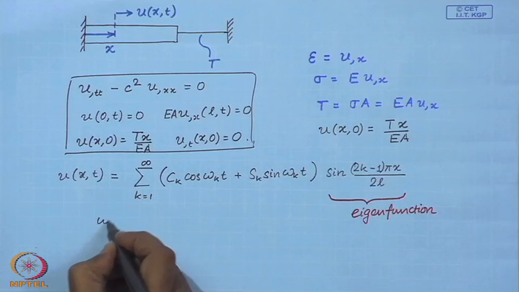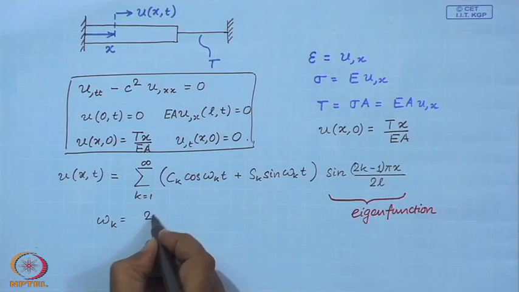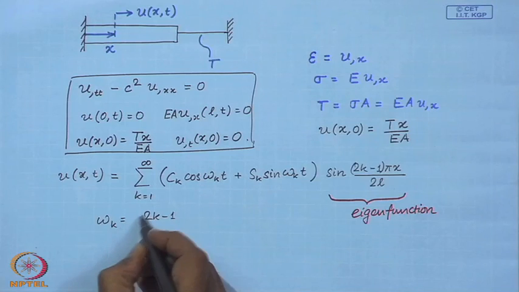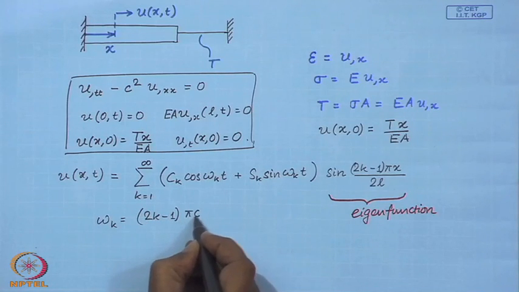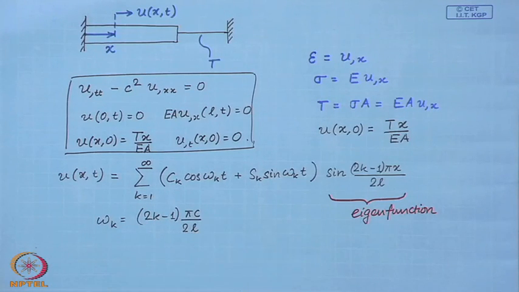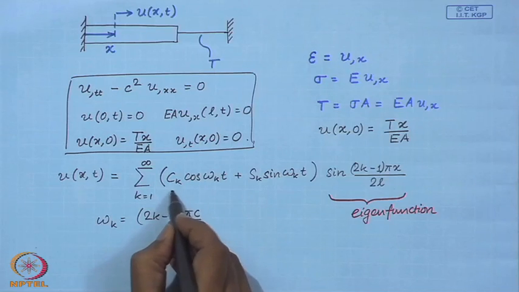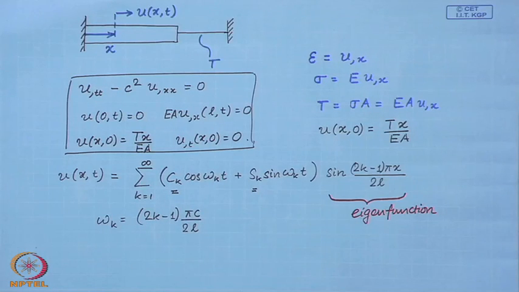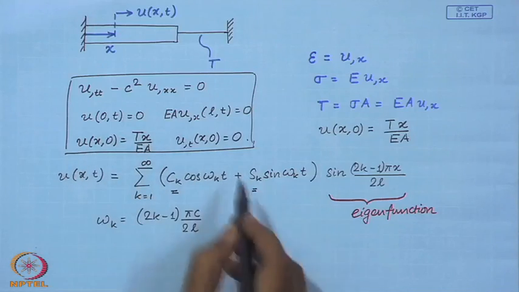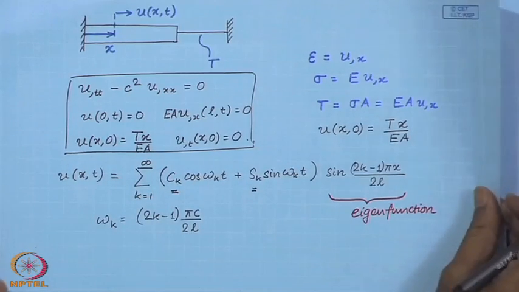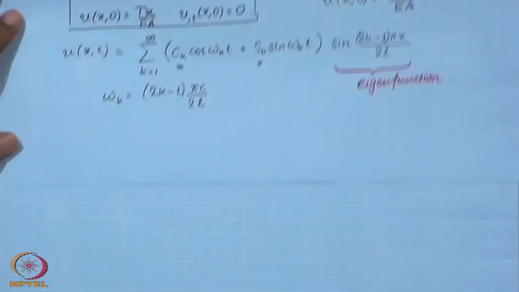Here omega k are given by these values. So, here this is the general solution, and these are the coefficients that we must find out from these initial conditions. So, let us see.